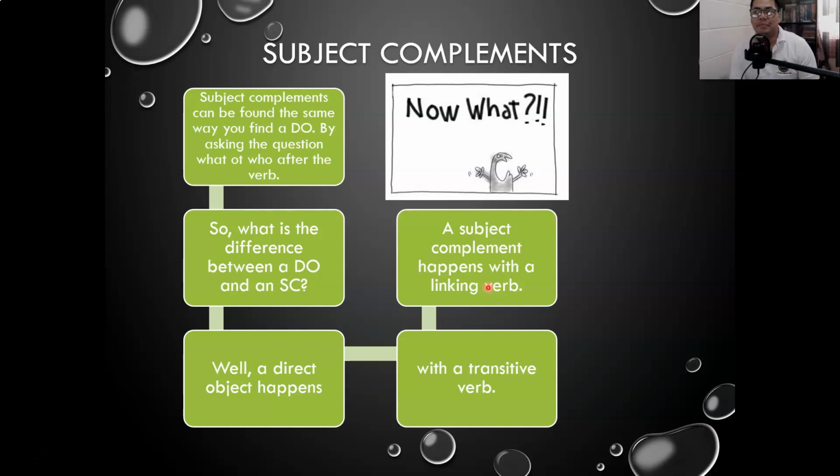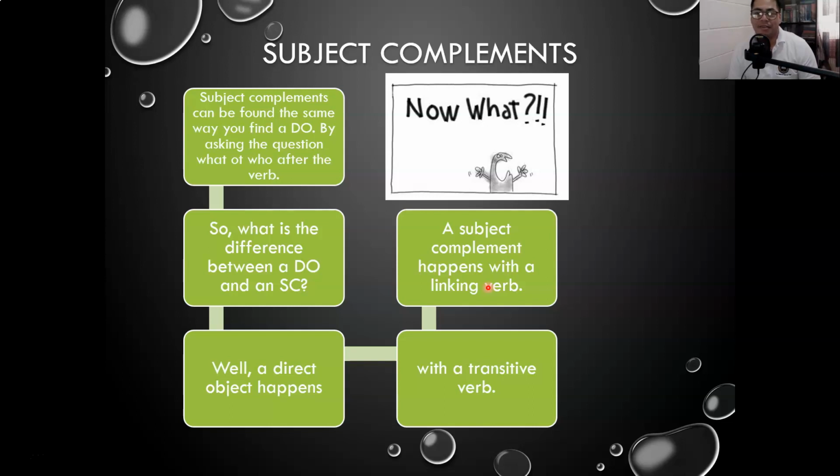Well, you see, think about the verb become, yes? If the verb get, grow, or go mean become, then they are linking verbs.